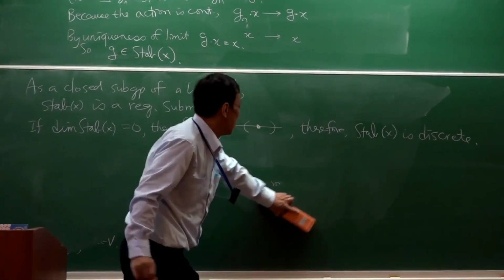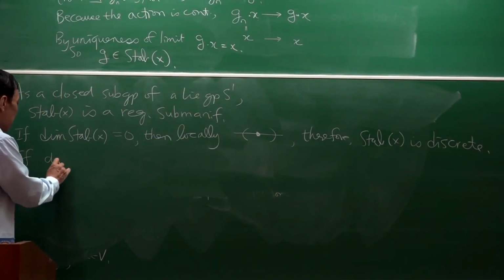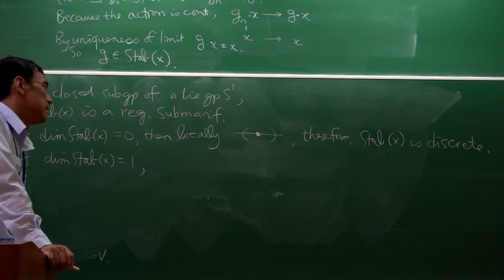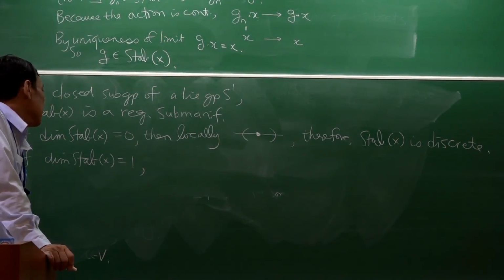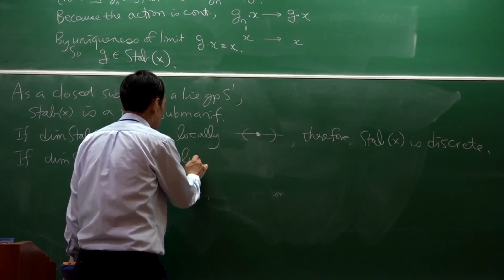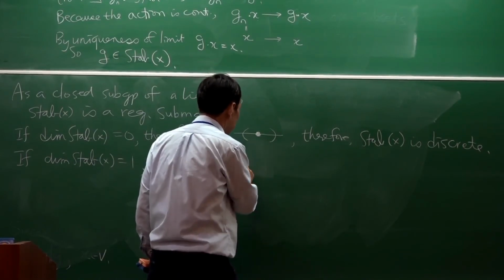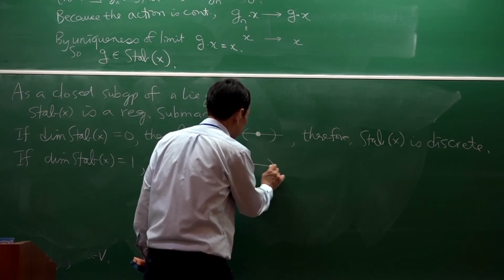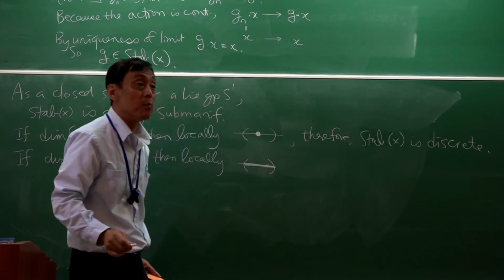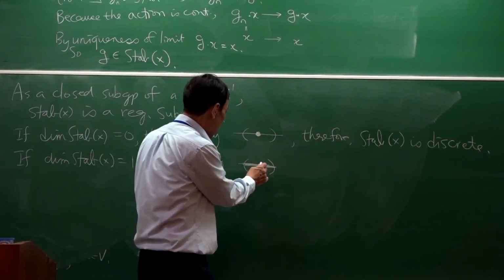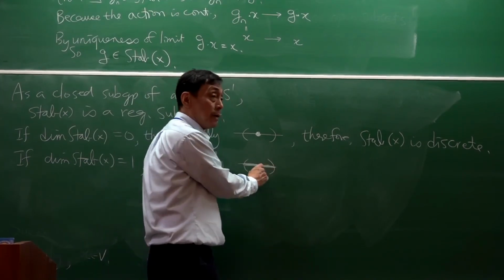The stabilizer is discrete. And now if the dimension of the stabilizer is 1, well, then locally the stabilizer is homeomorphic to an open interval in R. And therefore every point of the stabilizer has a neighborhood like this.